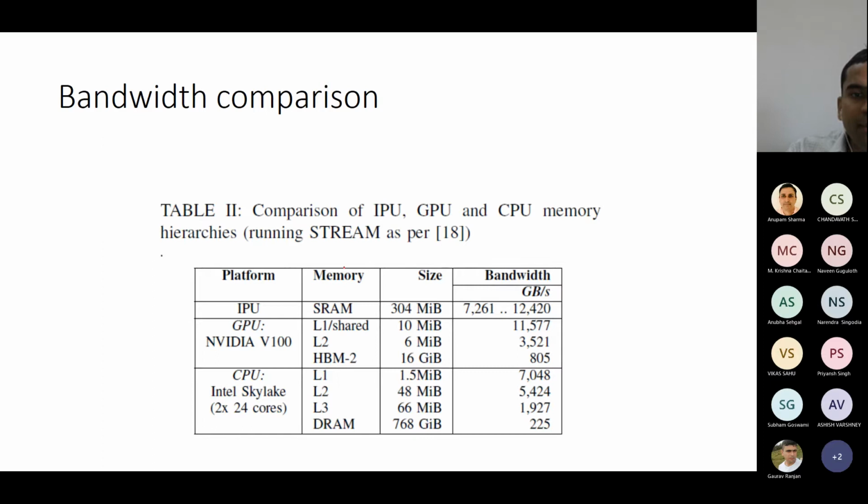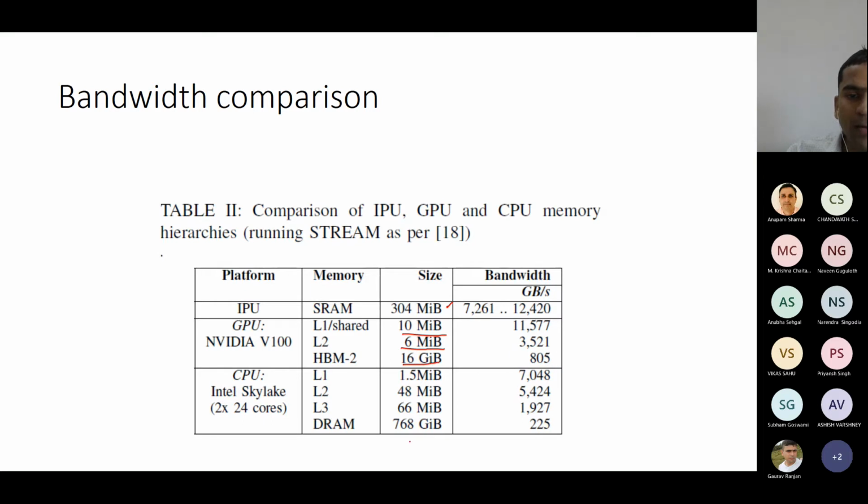So this is the total memory comparison. This side is 304 megabytes, and here 300 total. This is 10 megabytes of L1 or shared memory. L2 cache is just 6 megabytes, and HBM2 it has, that is 16 gigabytes.